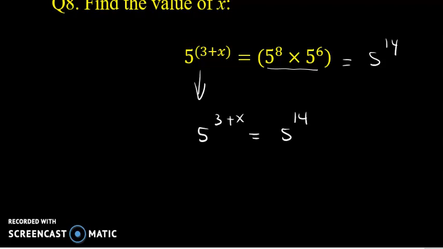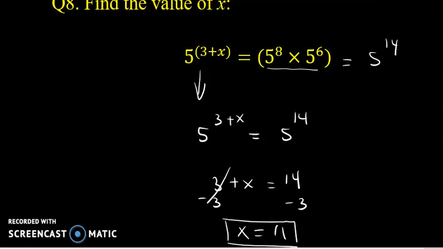For these two sides of the equation to be equal, x has to be 11, because 3 plus 11 will give us 14. In other words, just set the exponents equal to each other. 3 plus x is equal to 14, and then we subtract 3 on both sides of the equation. So our x here is equal to 11. Alright, so that's the value of x.